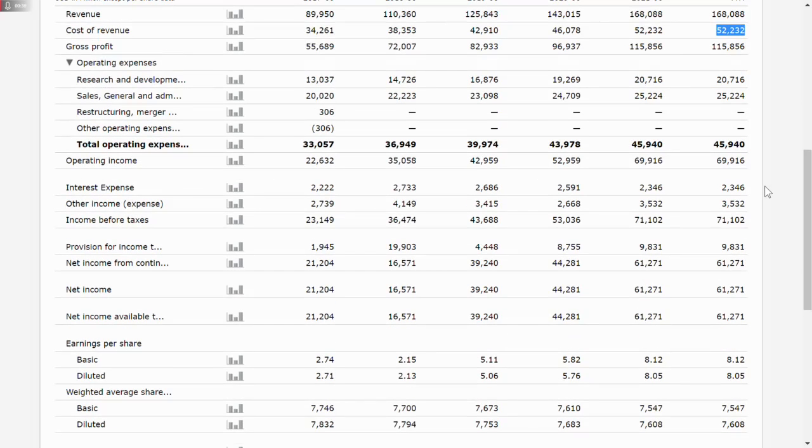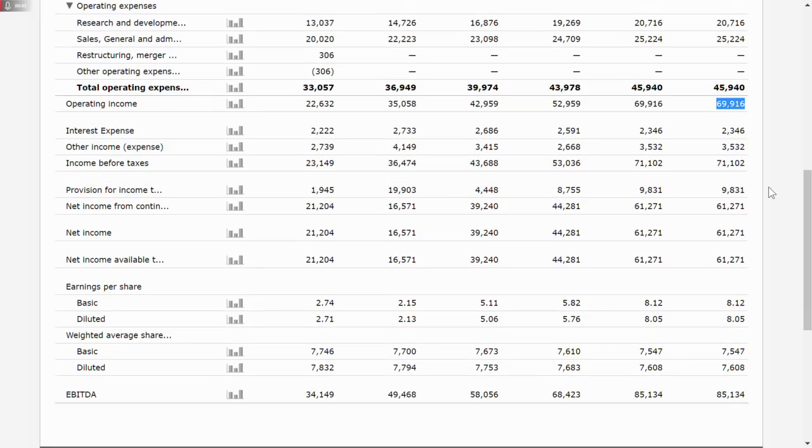And we get to this figure. The operating income is 69,916,000,000. And then we have other sources here of expenses. We've got interest expense.